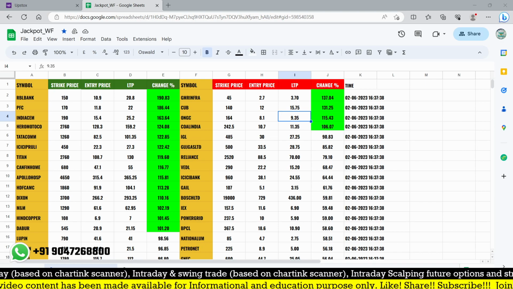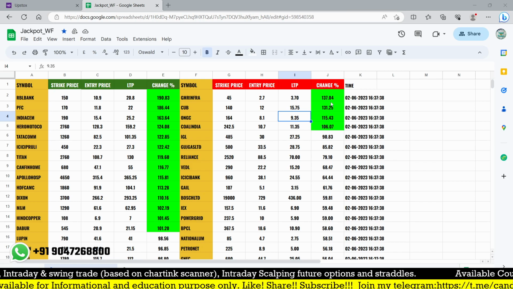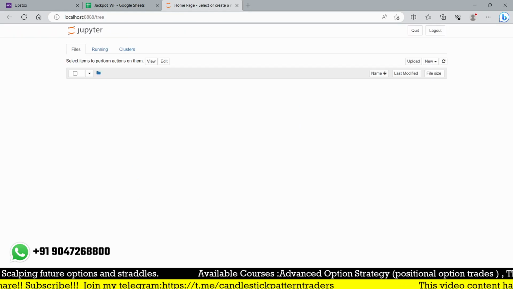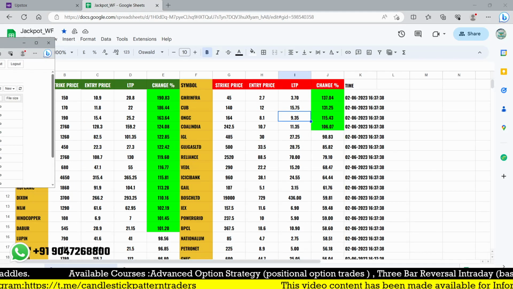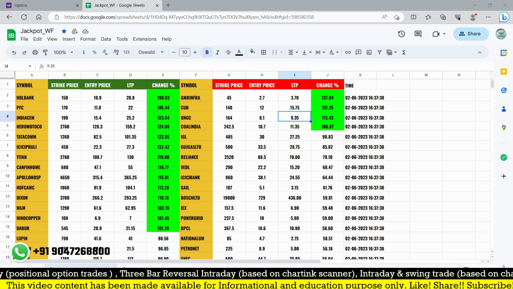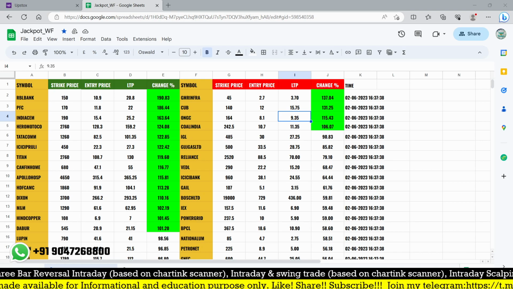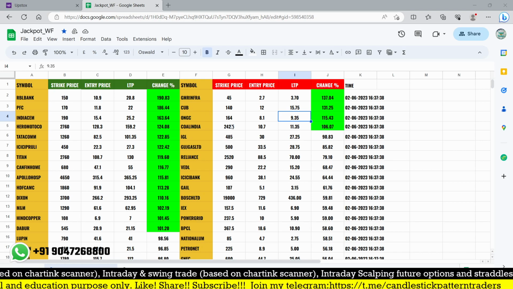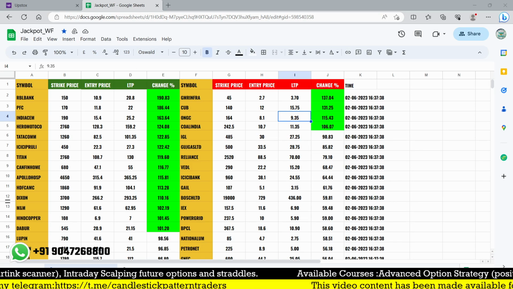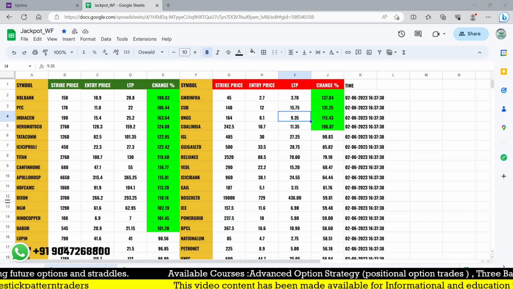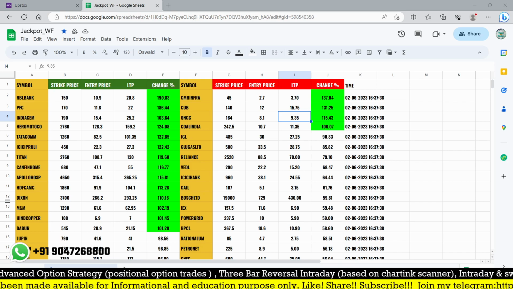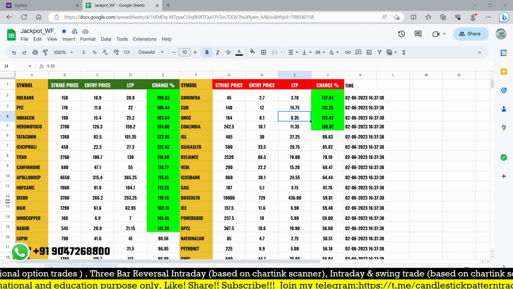And let me go ahead and update the sheet right now. So we just wait for the update. Once I update the sheet, the data mentioned here, which is last week's data for the options strategy, will be removed, and you will get newer opportunities.